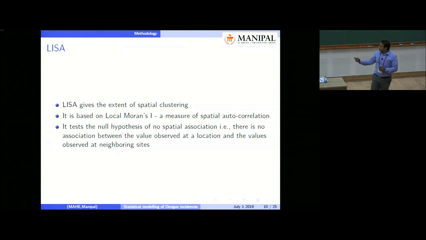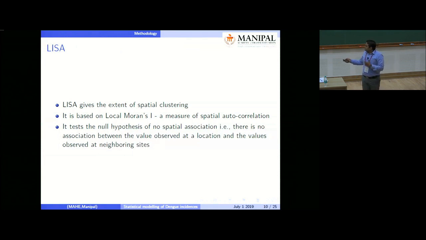If you see the spatial statistics, you have a global statistic, which gives the clustering of the entire location or the location as a whole. And then there is a local statistic, which gives the clustering of each sub part or small portion of an area.